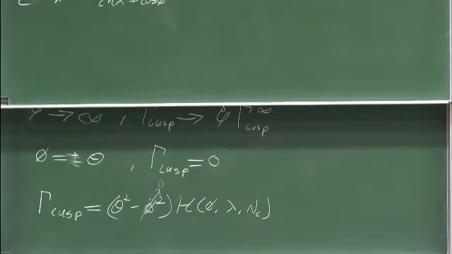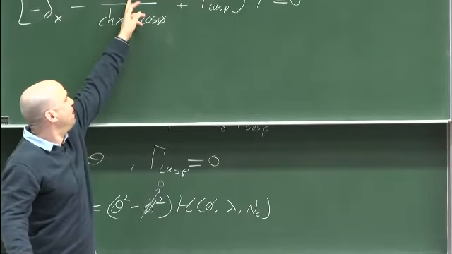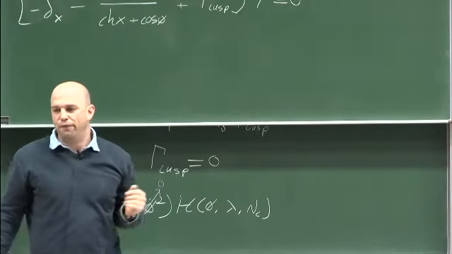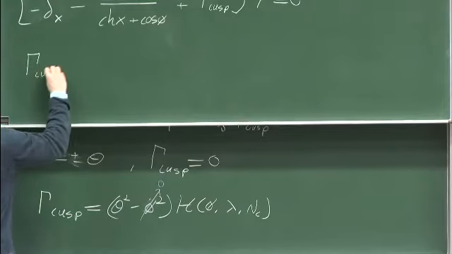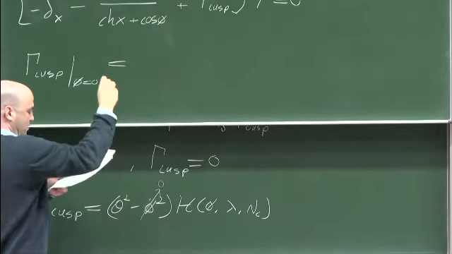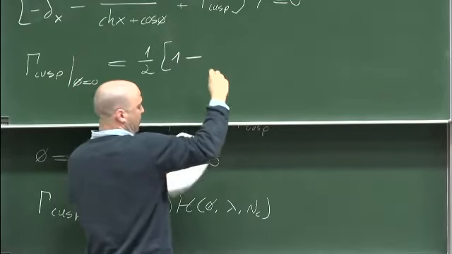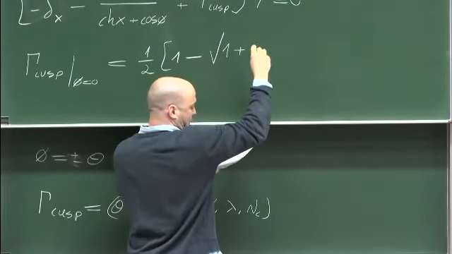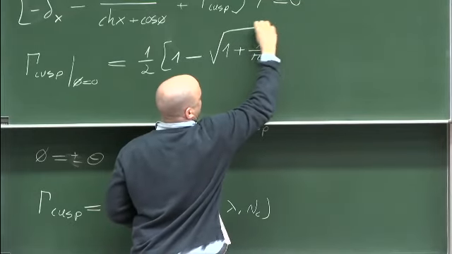Note that we can still solve it in perturbation theory in this lambda hat, but if we set this angle phi to 0, and then basically we turn only the internal angle, in that case we can solve exactly. And what we find in that case is that this gamma cusp at phi equal to 0 is just given by 1/2 times 1 minus square root of 1 plus lambda hat squared over pi squared.